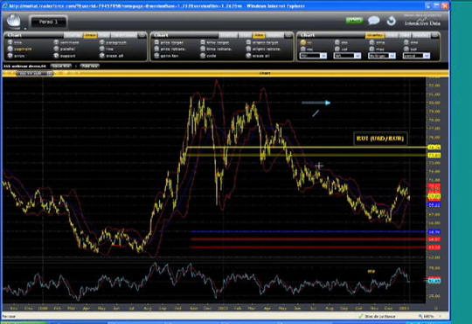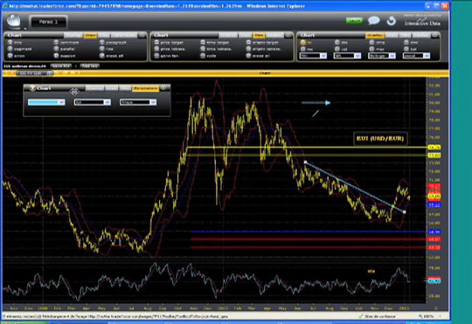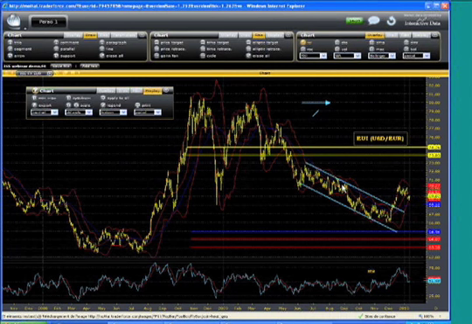The pair was trading within the bearish channel, which I draw just there. The pair has broken above the upper boundary of this bearish channel. So we can say that the outlook on the USD against the euro has turned bullish after this upside breakout.